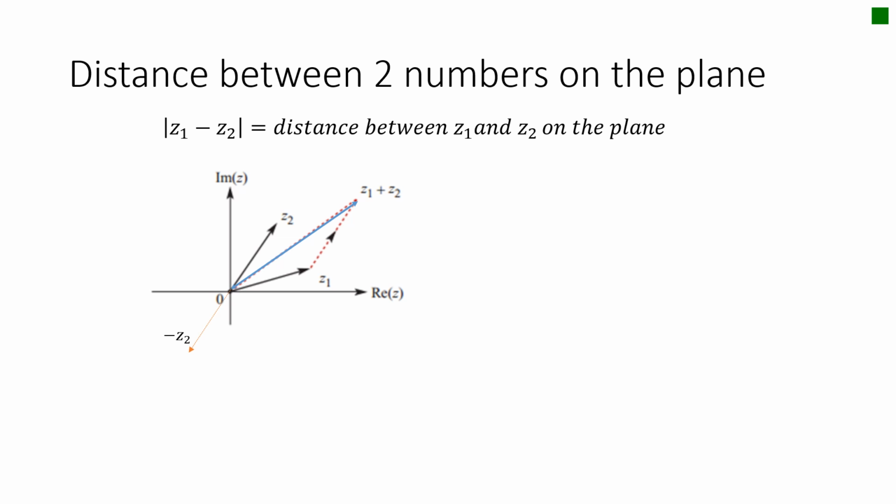Now, if we think of negative z2 and put it onto the head of z1, the difference between z1 and z2 is given by that vector, and the magnitude of that gives you the distance between those two numbers, z1 and z2, on the complex plane.